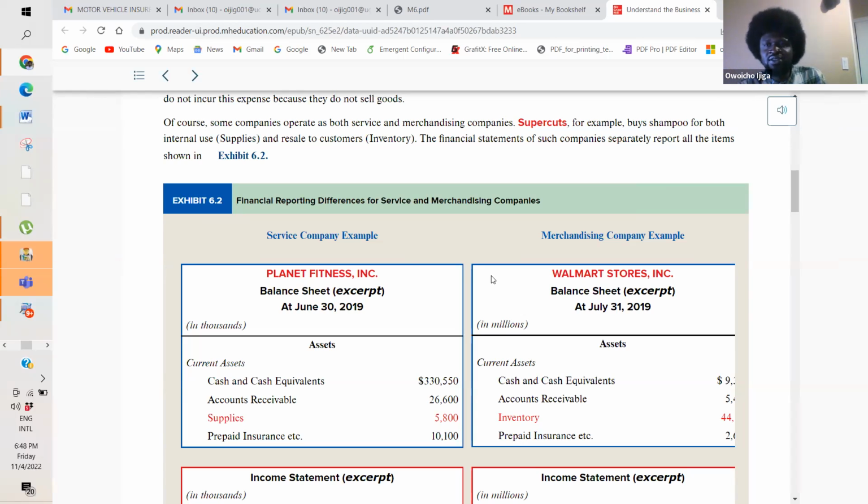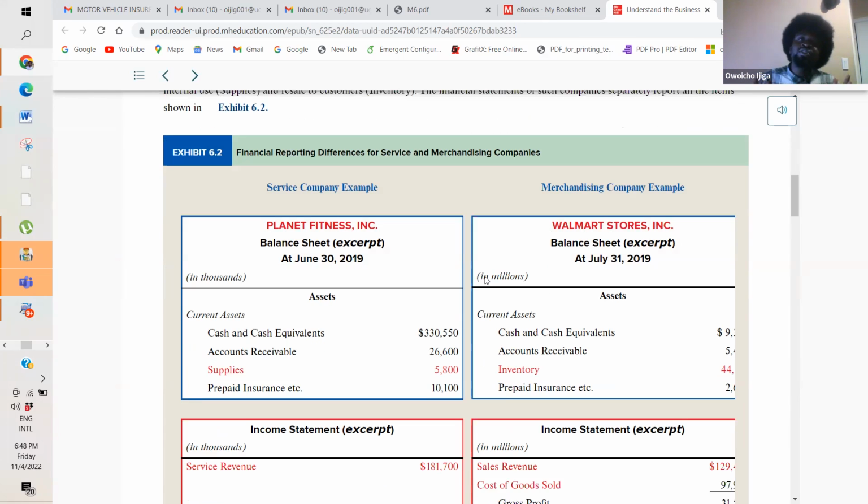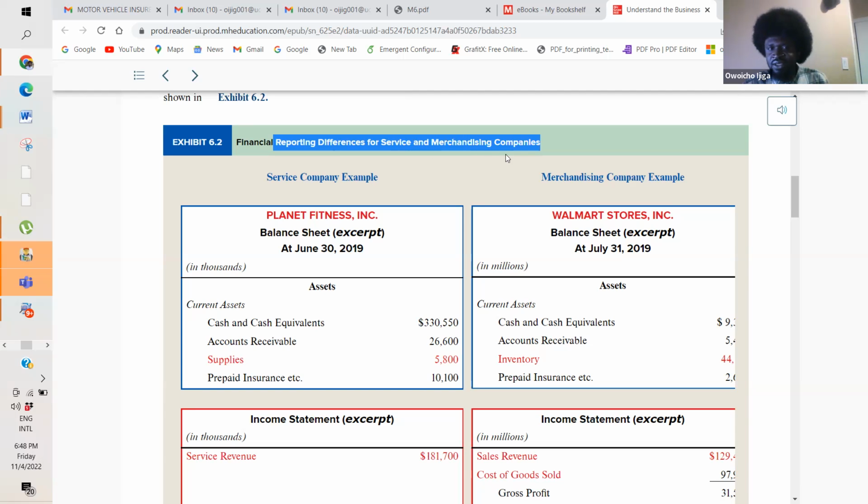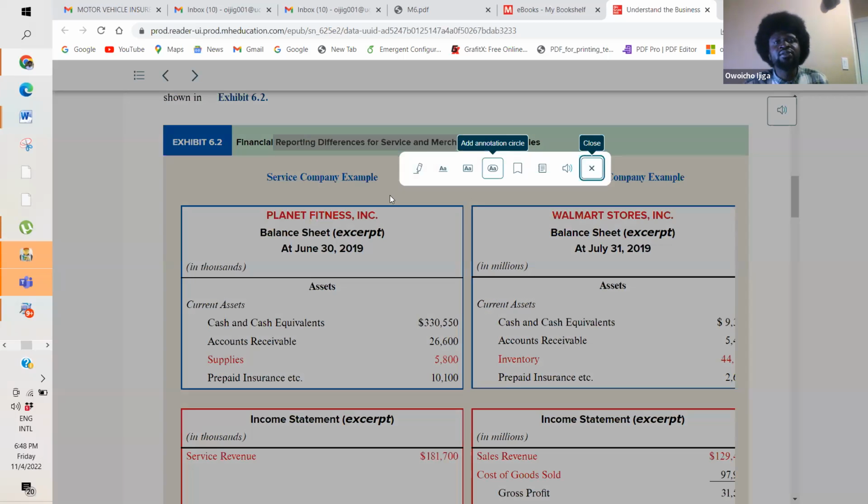You're not buying the equipment that you use for your gym. You only go use those facilities and then pay for using them. That is a service company. So now there's a difference between them; looking at this, it says financial reporting differences for service and merchandising companies.